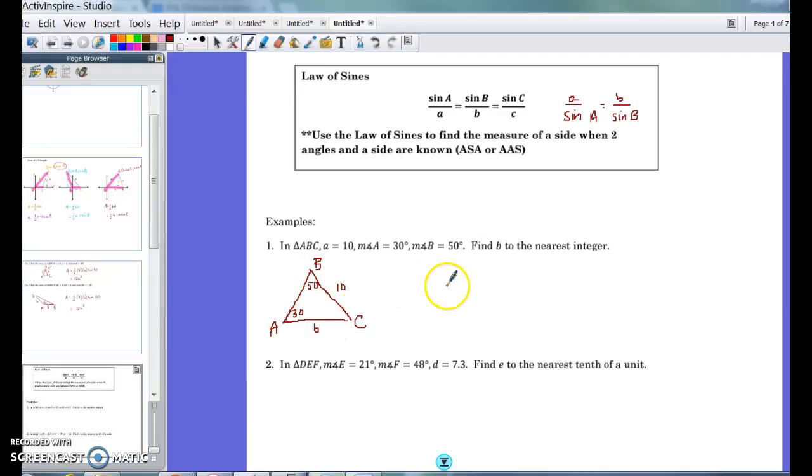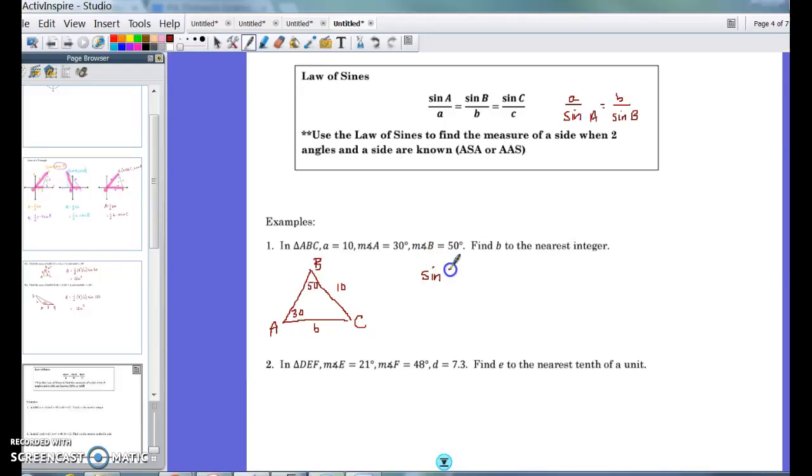Side b is opposite angle B. So as long as you have two angles and a side, as angle side angle or angle angle side, you can use the law of sines. Okay, so we have that in this case, so I'm going to go ahead and set it up.